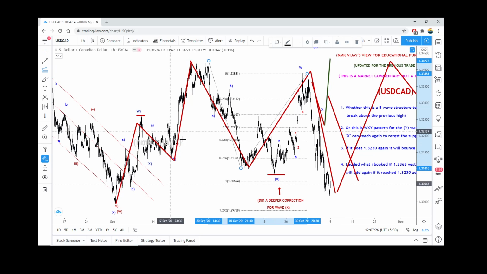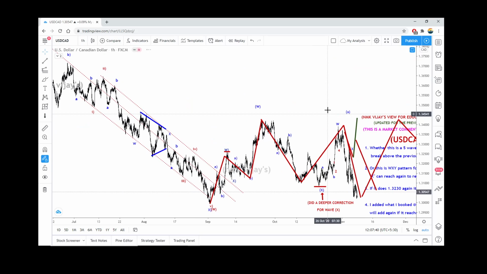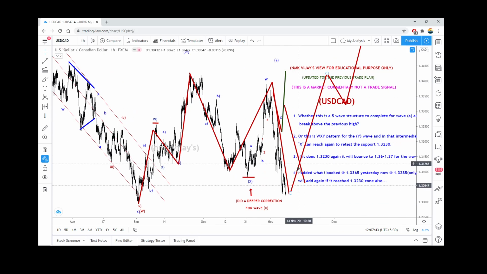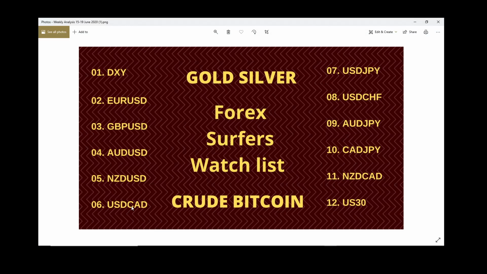So in either case, the wave formation did an equal distance here. Either it will take all the stop losses here, and then again it could make an expanded flat or running flat. Either is possible, but I'm looking only for the bullish. If it breaks this also, I'm looking at it as bullish. In that case, that will be considered an irregular flat. So let's see what will be next.